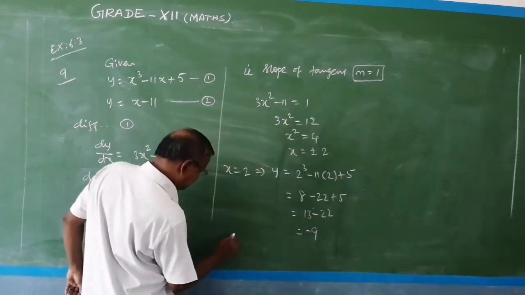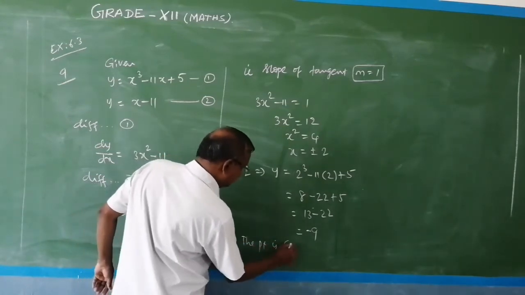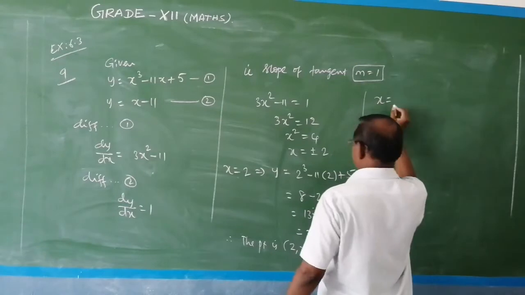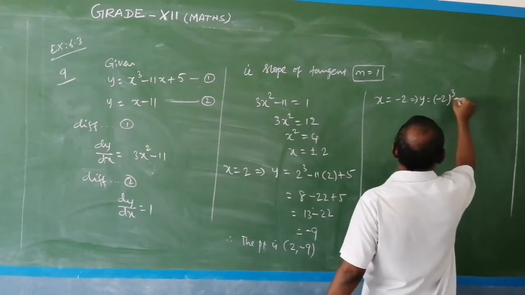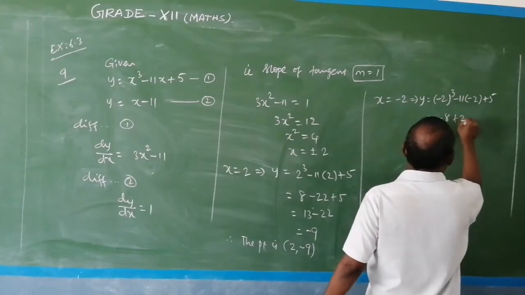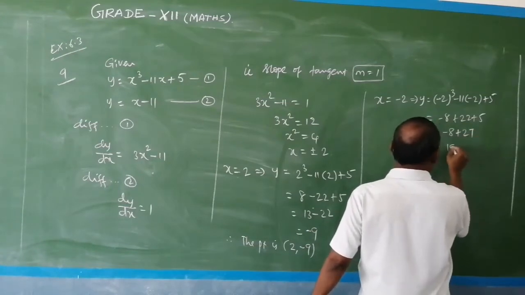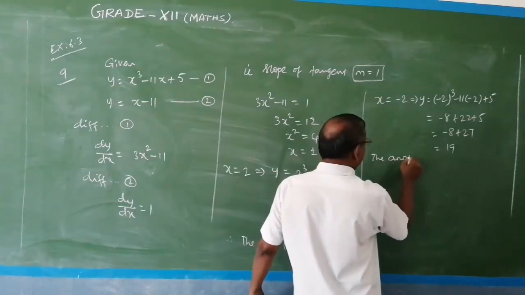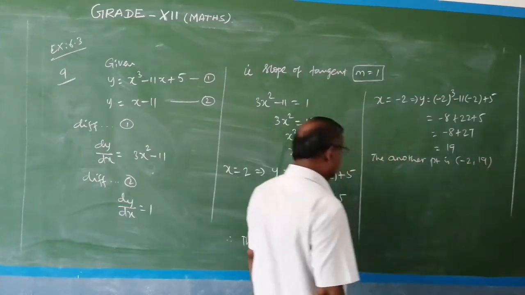Therefore one of the points is 2 comma minus 9, and when x equal to minus 2, we have y equal to minus 2 the whole cube minus 11 into minus 2 plus 5, that is equal to minus 8 plus 22 plus 5 equal to minus 8 plus 27 equal to 19. Hence the another point is minus 2 comma 19.